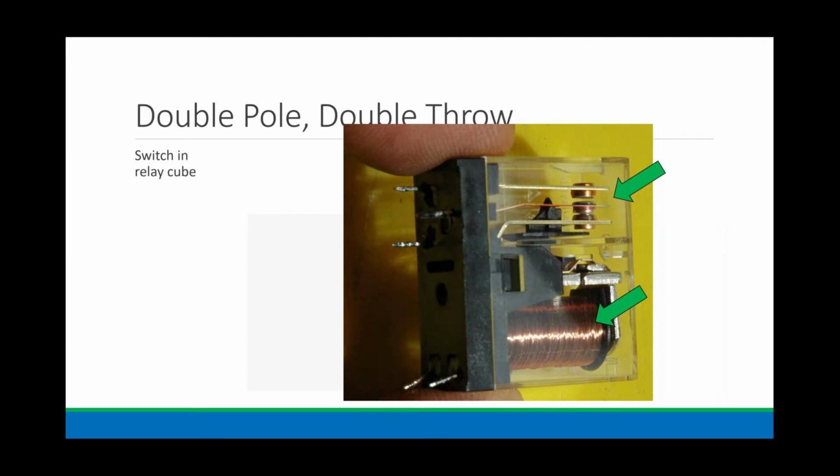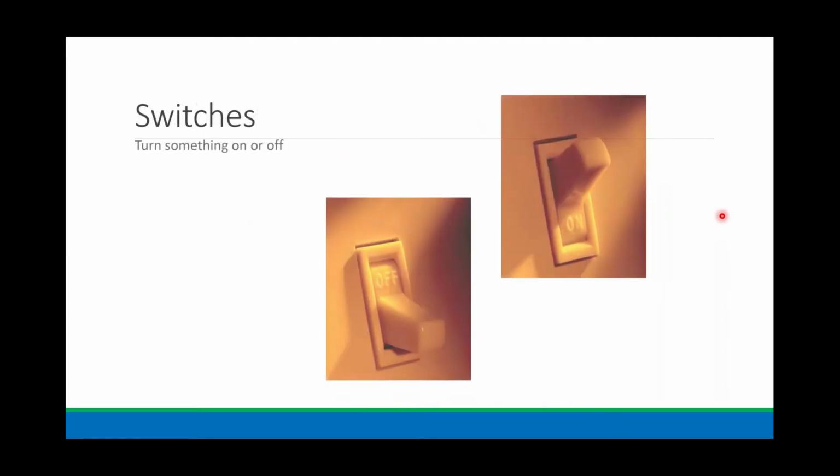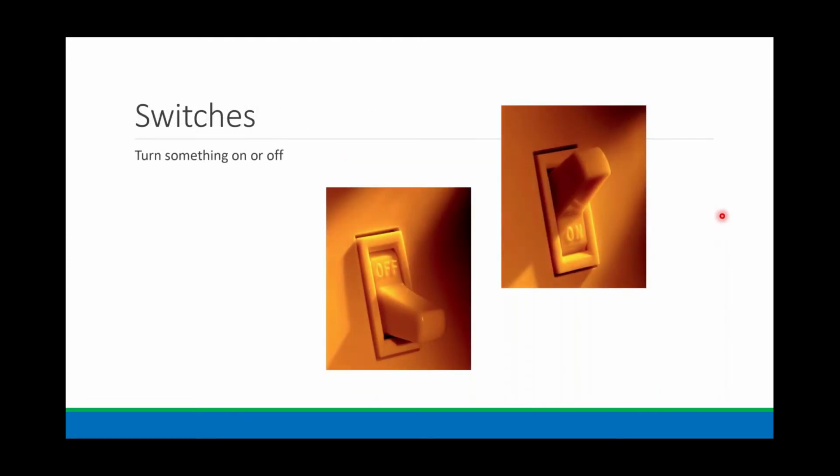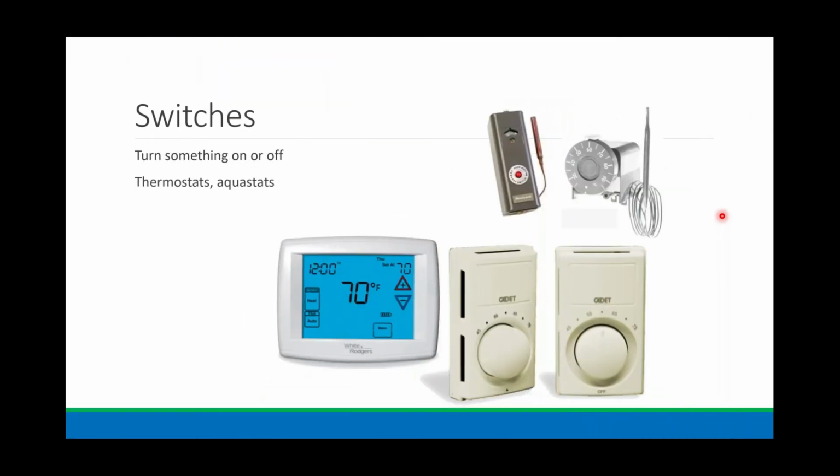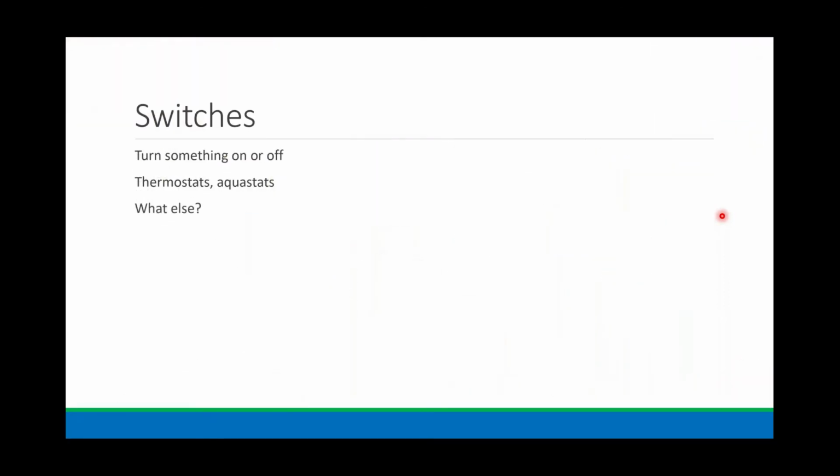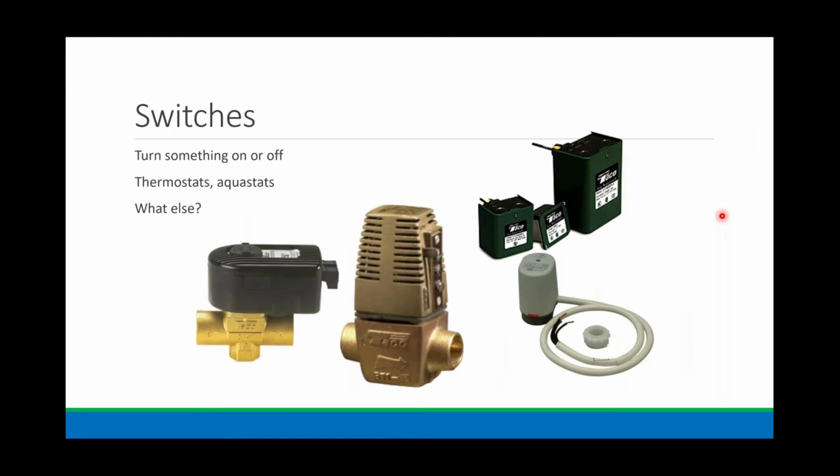So now switches, they turn things on, they turn things off. So we have all types of switches in our systems: thermostats, aquastats, they're switches. Other switches that we can have in our systems are low water cutoffs. They're normally closed switches. Every zone valve has an item in it called an end switch.